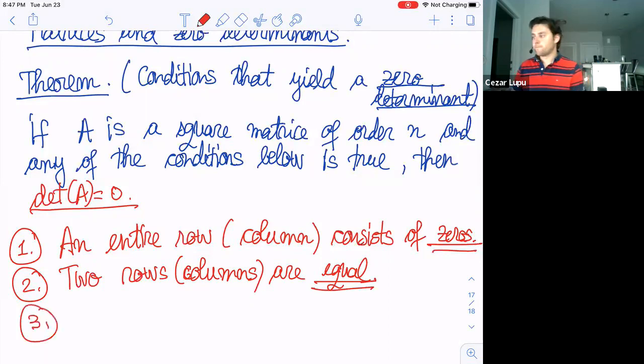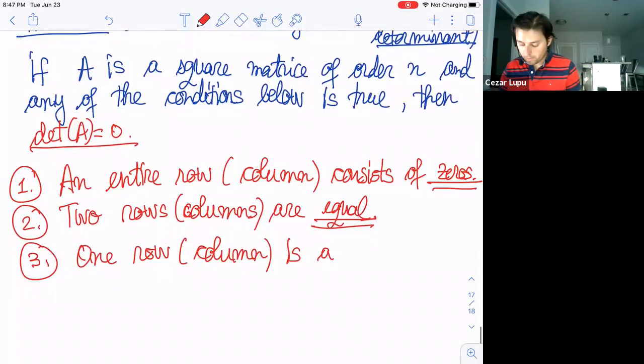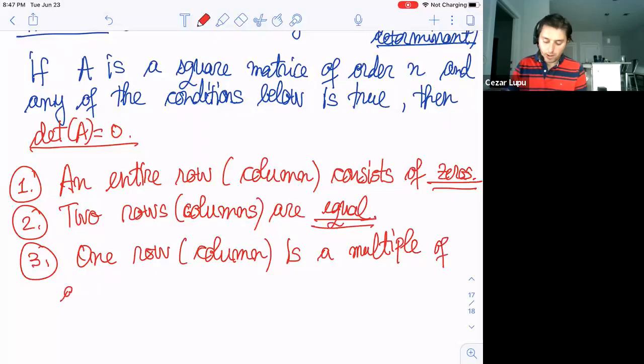The third one: 1 row or column is a multiple of another row or column. Guess what?